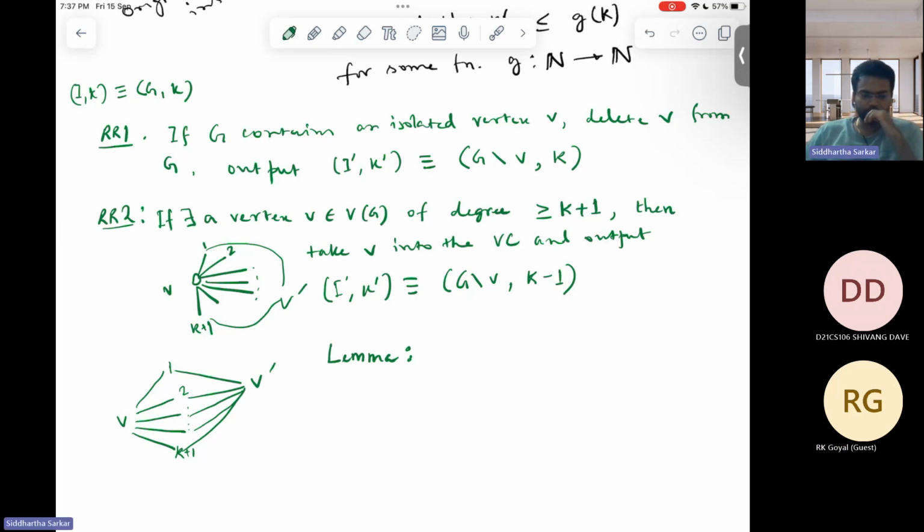Okay, after you realize that no further reduction of the graph is possible, then you make some observations.